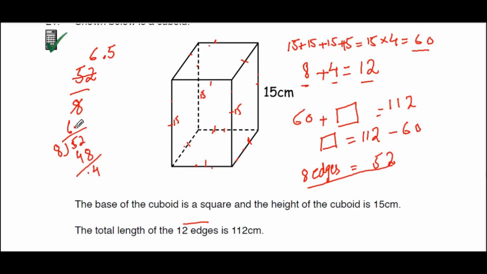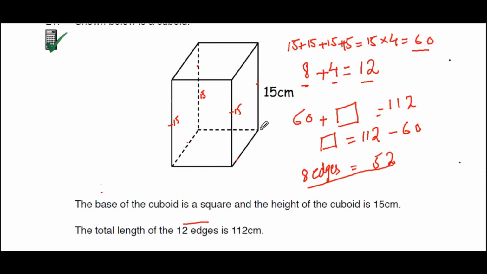This decimal I have to place over here because I need a 0 with the 4, and 8 times 5 is 40. You can do it directly, but if you are not so perfect in this, you can try this way also, the bus stop method. Now what is each edge's length? That is 6.5. We just found out.